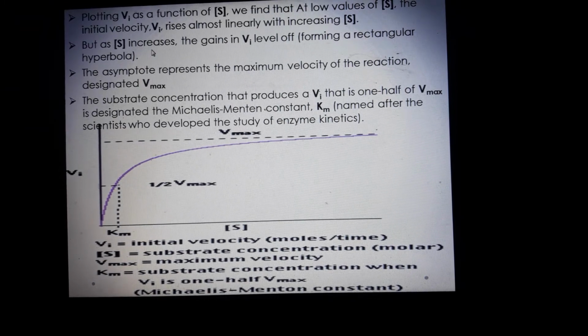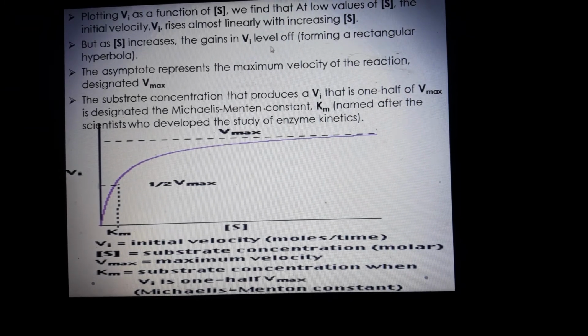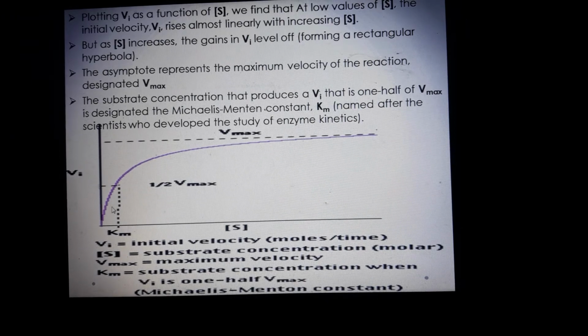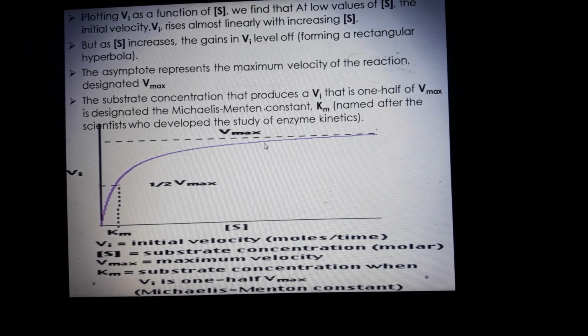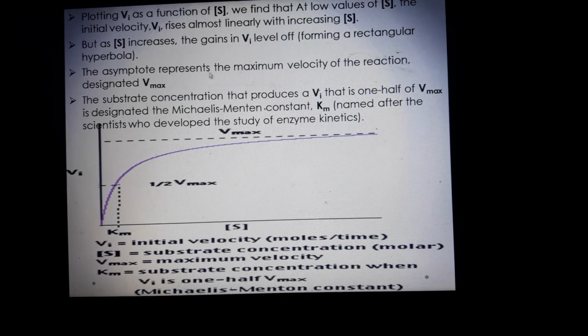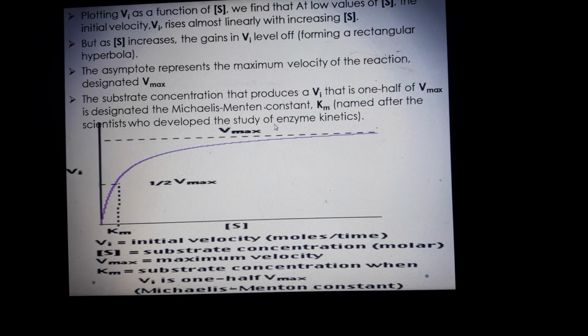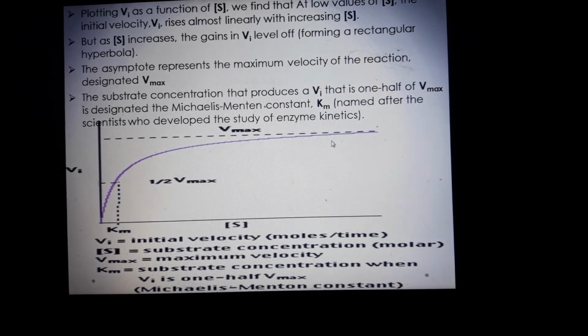But as S increases, the gains in Vi level off, forming a hyperbolic curve, a rectangular hyperbola graph. The asymptote represents the maximum velocity of the reaction, known as your Vmax, the highest velocity.